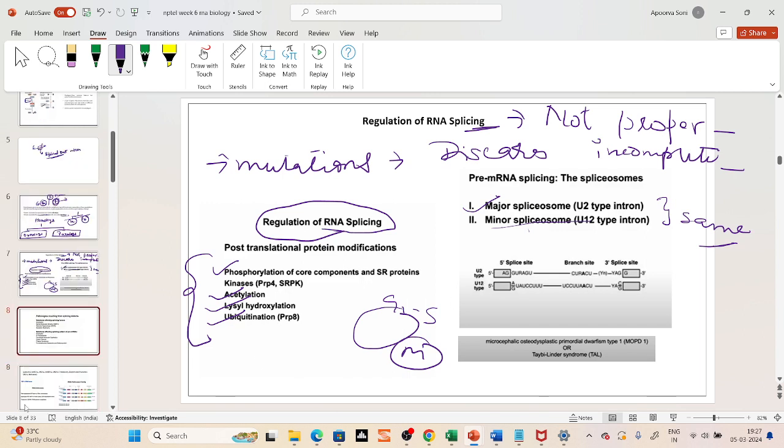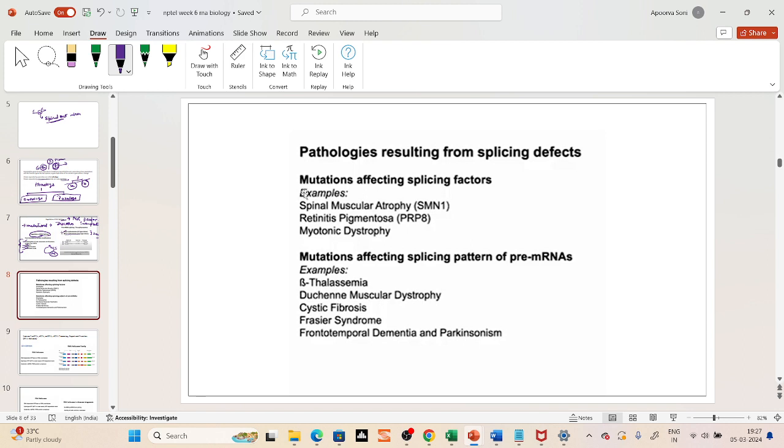Then, just as I told you, if DNA replication is happening and there is some problem in DNA replication, it might lead to cancer and many other kinds of diseases.